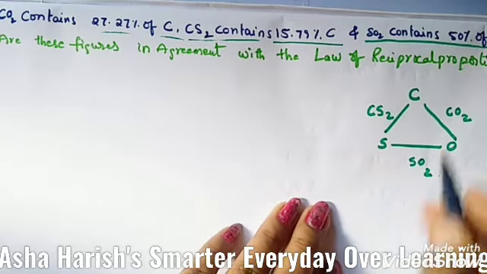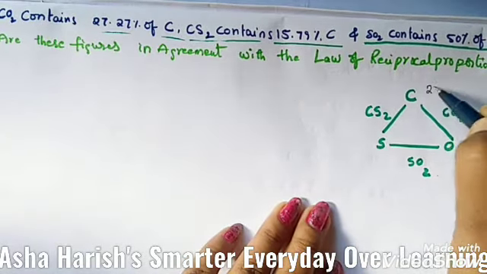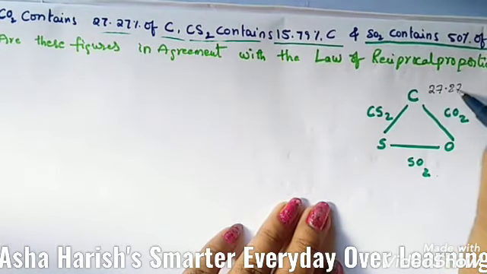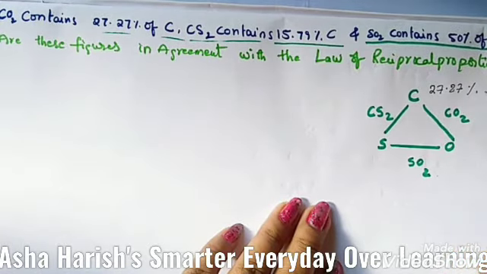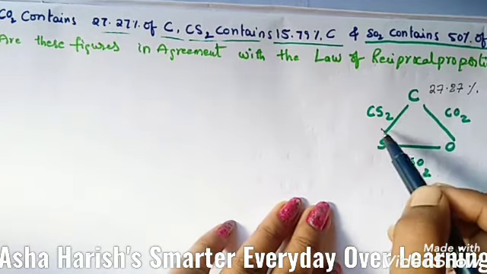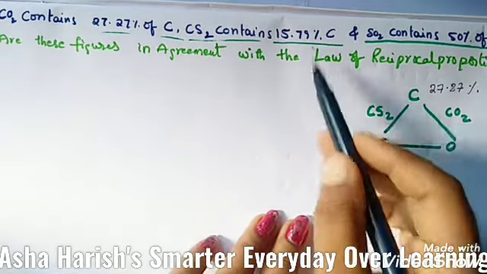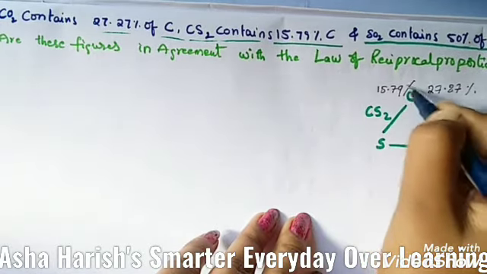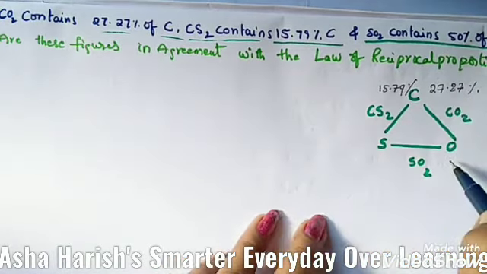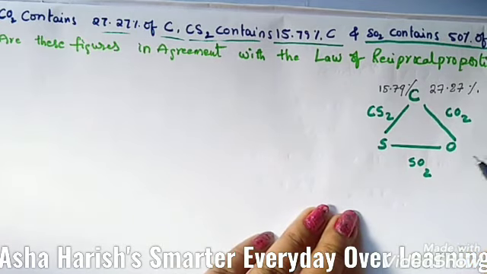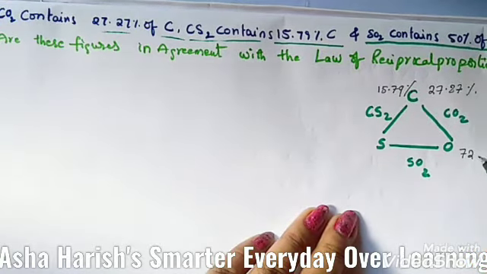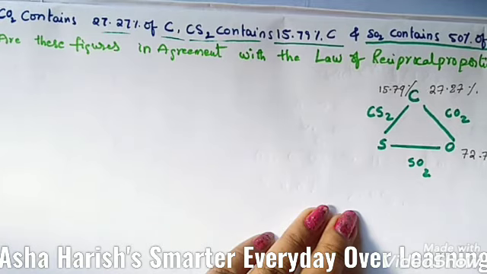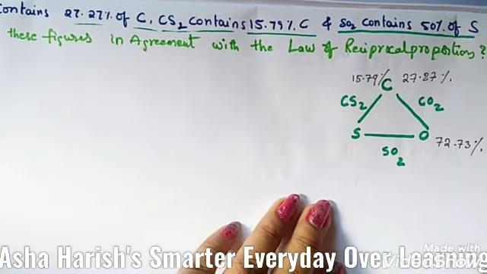Now the percentages have been written here. Coming to the question, CO2 contains how much carbon percentage? 27.27%. And CS2, carbon disulfide, contains carbon percentage of 15.79%. Coming to oxygen, it contains 72.73%.